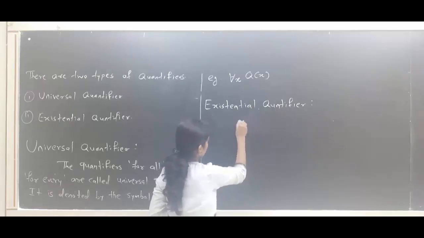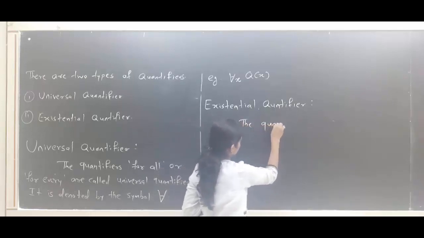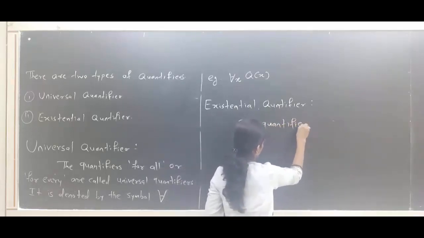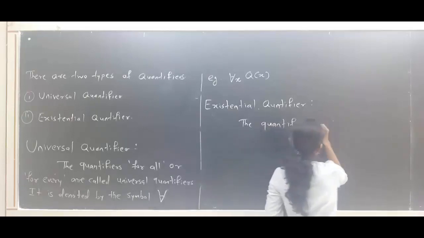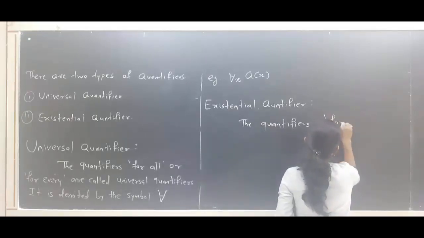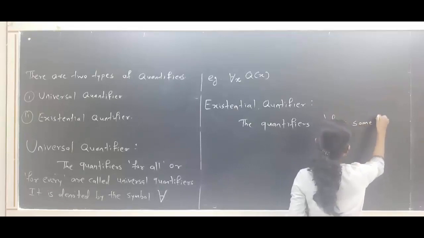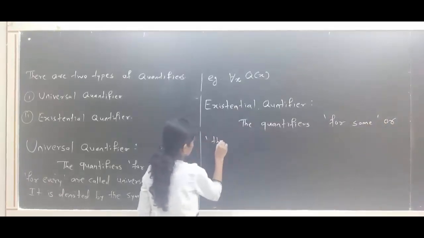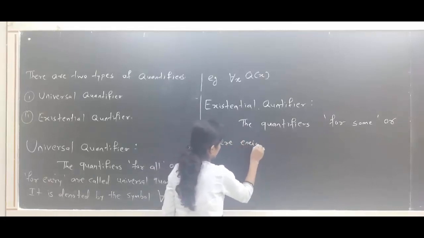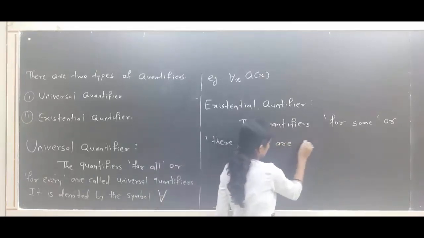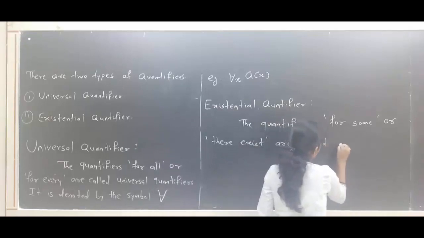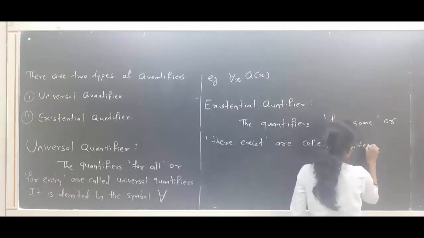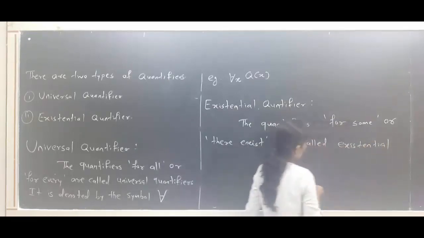So definition, the quantifiers for some or there exist are called existential quantifier.